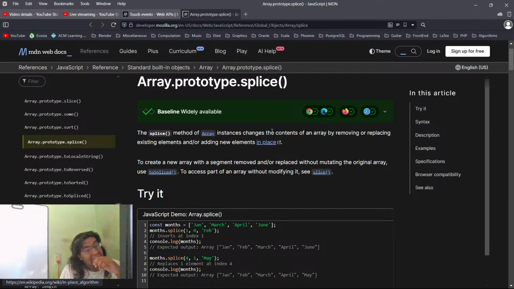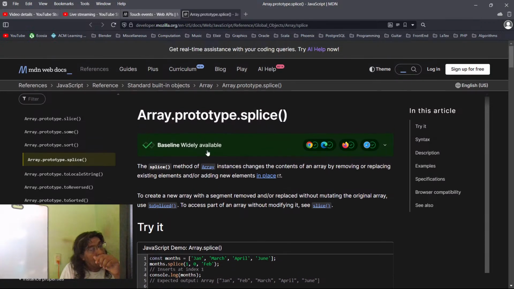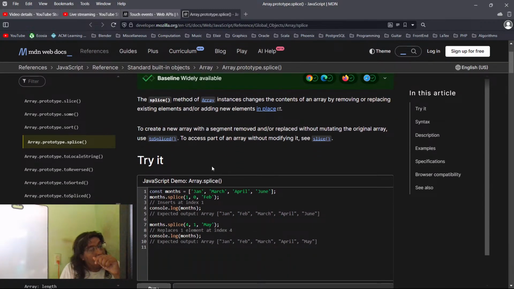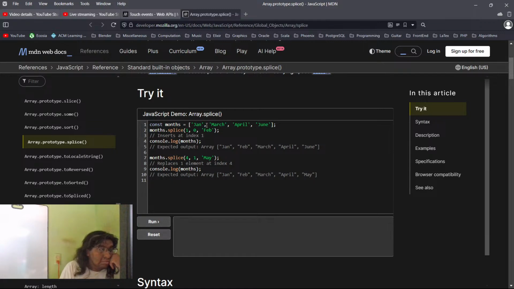We need to tackle algorithms. This reminds me of other algorithms in place. January, March, April, June. Then, January, February.